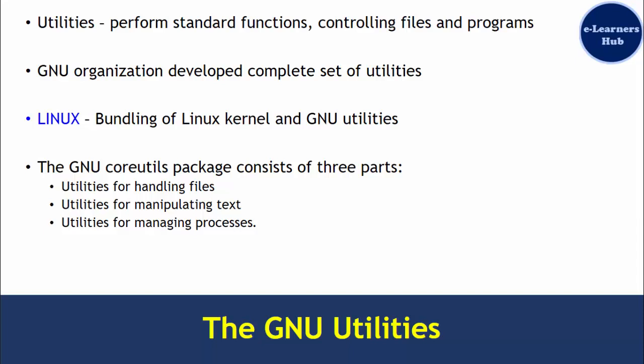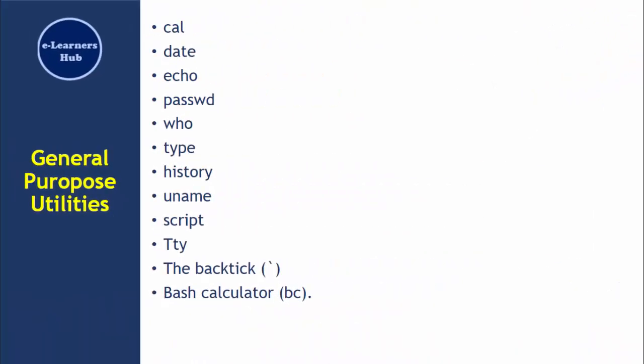GNU comes with various packages that help you handle the files, manipulate the text in the files, and manage the processes, and many more. There are many utilities that help you do a lot of operations on your computer. We will see all these utilities and how to use them in Linux.